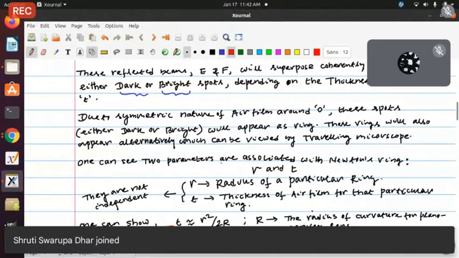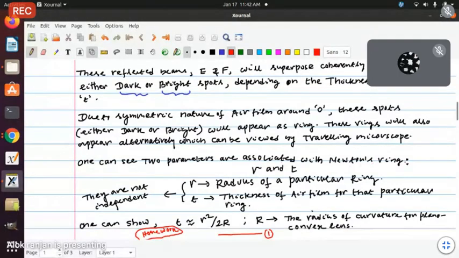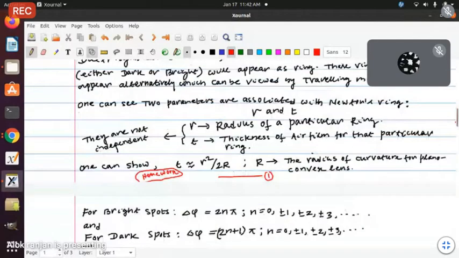So one can see two parameters are associated with Newton's rings: one is small r and the other is T. These two are not independent, as I said. In principle, one can show that the thickness of the air film is related to the radius of the Newton's rings r by this relation, where capital R is the radius of curvature of the plano-convex lens that I have already talked about.